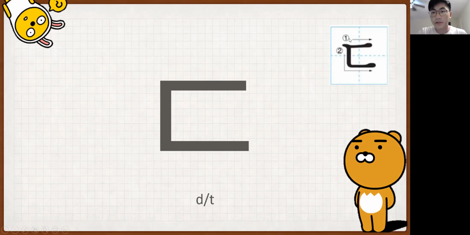And this is how you write it. You draw the first line on the top first, going to the right, and then you make a niun on the bottom. Right. So I'm gonna move on to the next one.